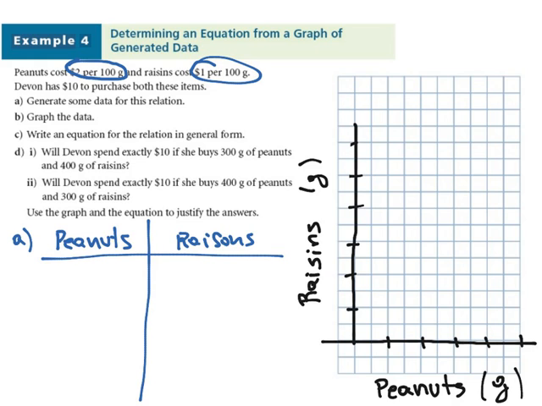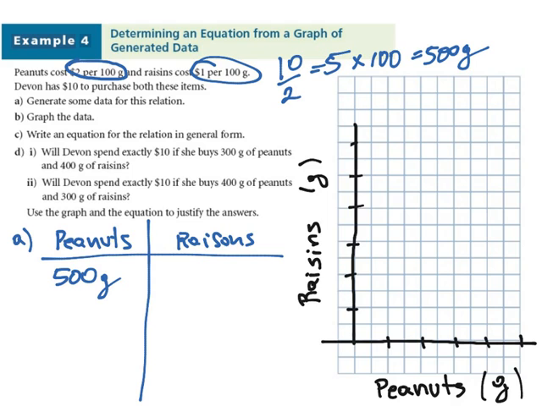Since 10 divided by 2 is 5, we get 5 100-gram bags of peanuts. Again, how do we do that? 10 divided by 2 is 5, and 5 times 100 is 500 grams. And since we have 500 grams of peanuts, we'll get 0 for raisins.